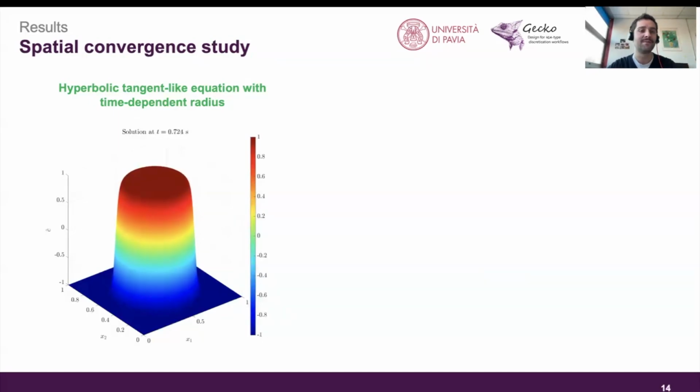And this is a hyperbolic tangent-like equation, which essentially has these two equilibrium phases, the areas where we have the equilibrium, and then we have this steep transition between them, which could represent the phase field.